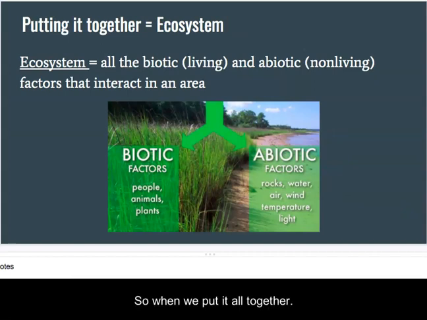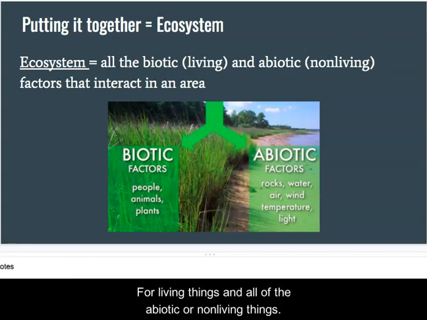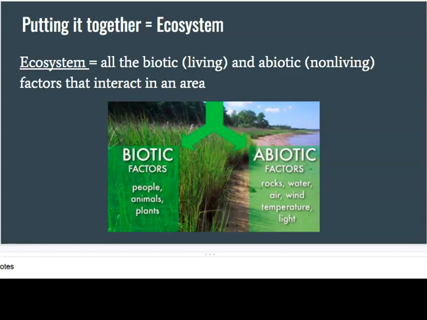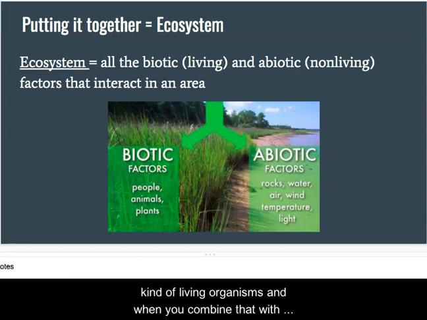So when we put it all together, an ecosystem is all of the biotic or living things and all of the abiotic or non-living things interacting in the area. So communities are all of the living organisms.